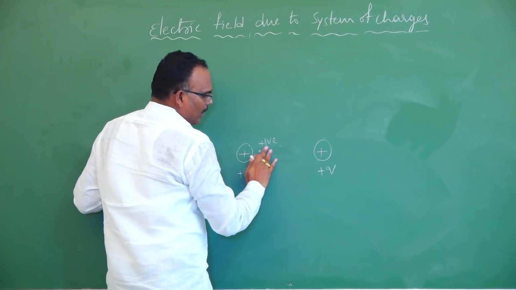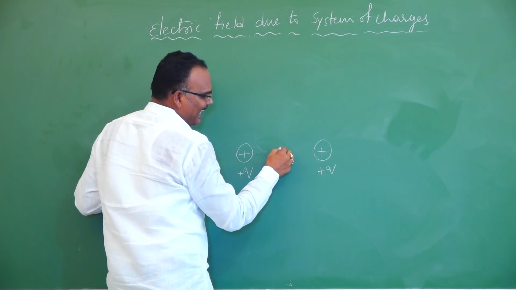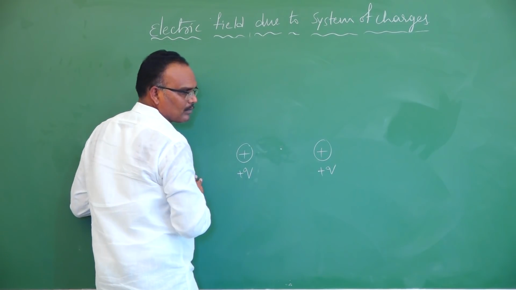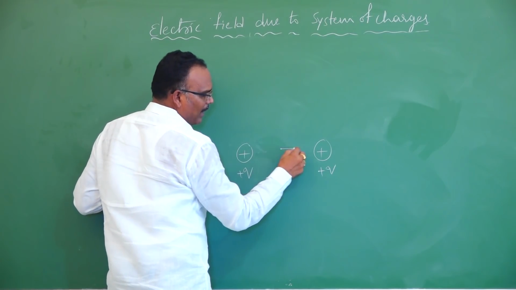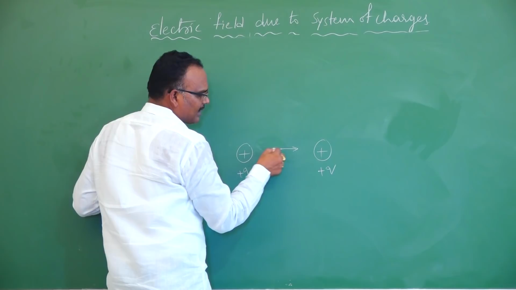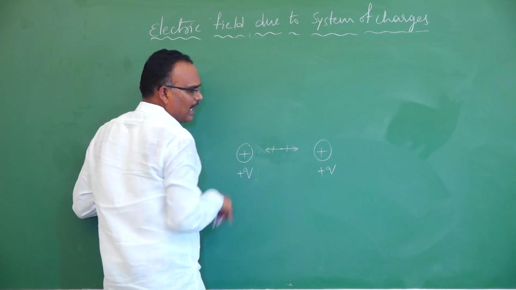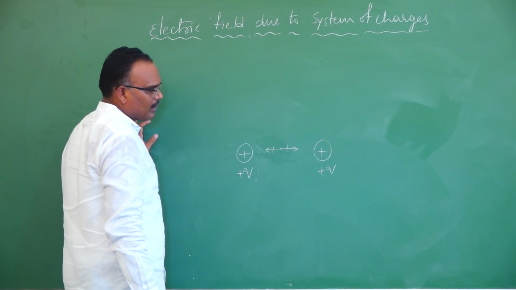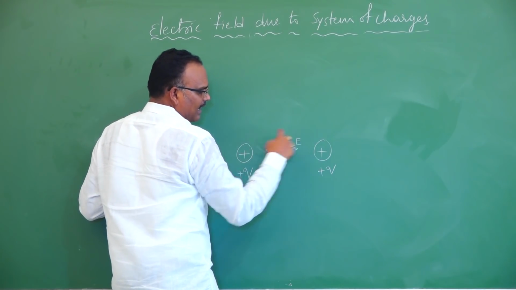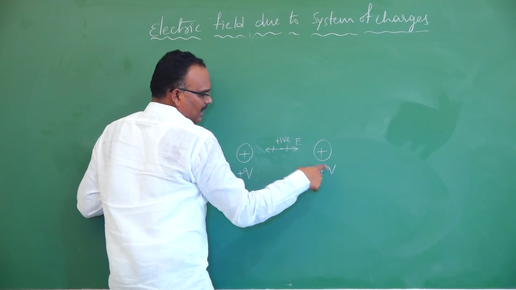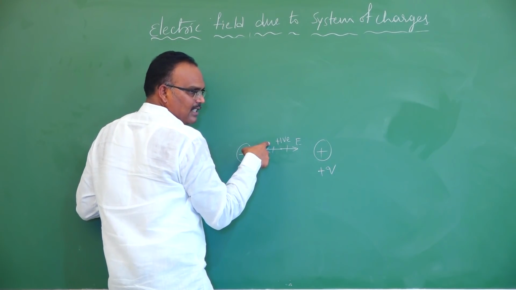Okay. If you place this charge exactly at the middle, that means this repulsion is equal to this repulsion. So these two electric fields cancel out. Why? Because if you place a unit positive charge here, this is the electric field due to this charge and this is the electric field due to this charge.